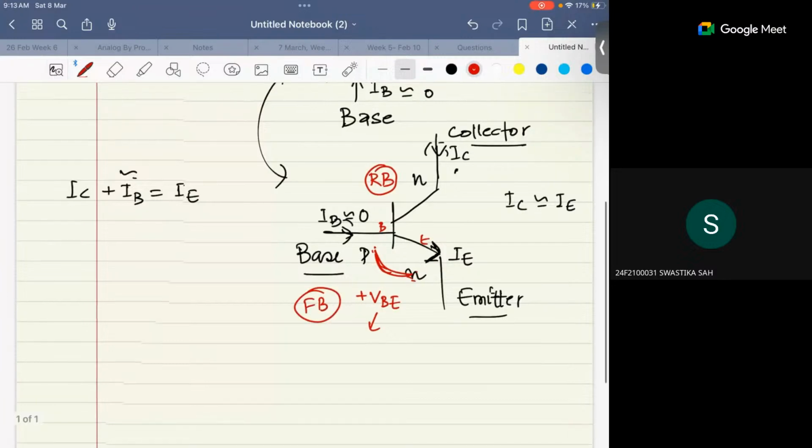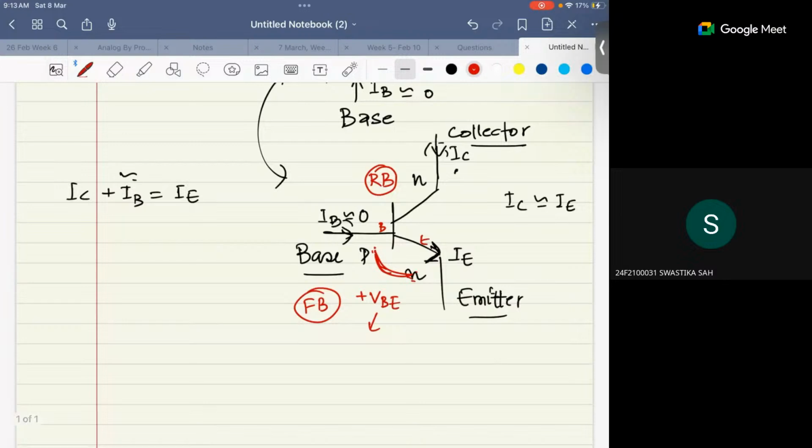There can be other combinations also, as the professor was saying. When the collector base is reverse bias and the base emitter is forward bias, what do you call this region? The operating region is called the active region. Correct?